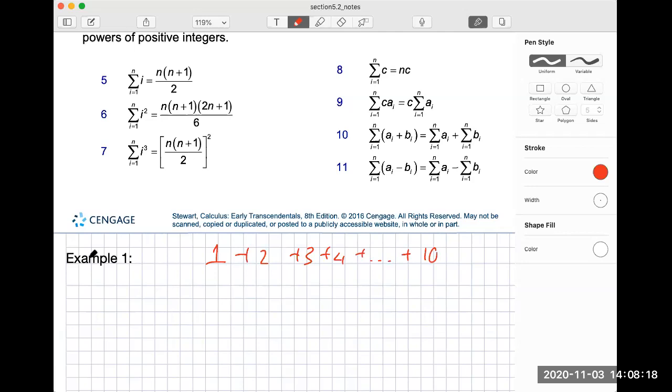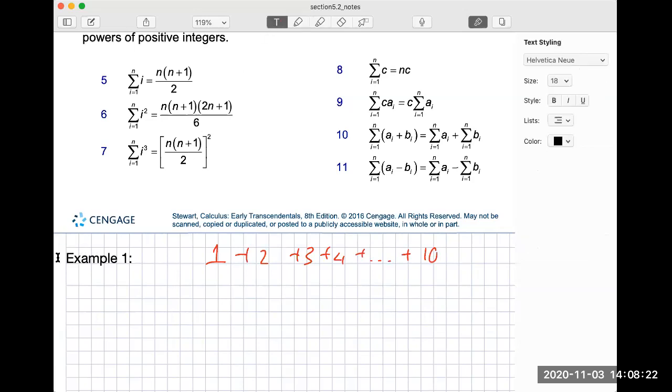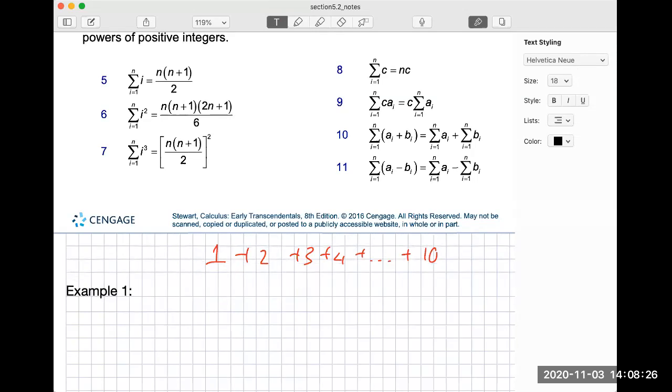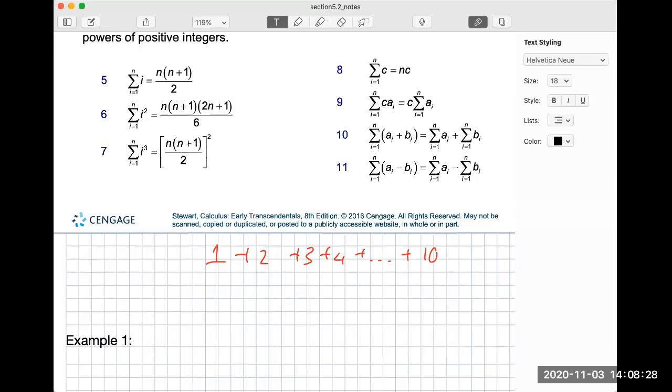And the famous mathematician Professor Gauss did these problems when he was in grade 5, if I remember correctly, when a teacher asked him to compute the sum from 1 to 100. Some students would do it slowly, but he did it a very smart way.